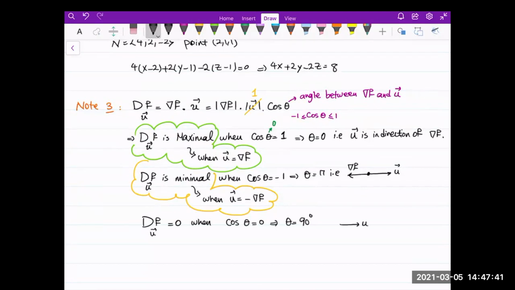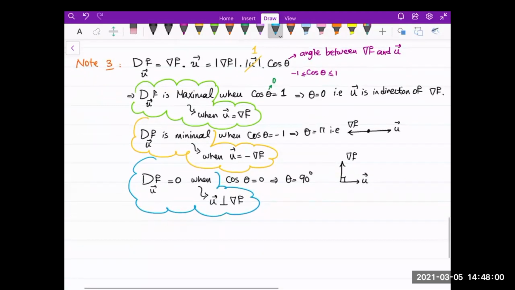So this is u, this is gradient of f. So when u is perpendicular to gradient of f. Right?